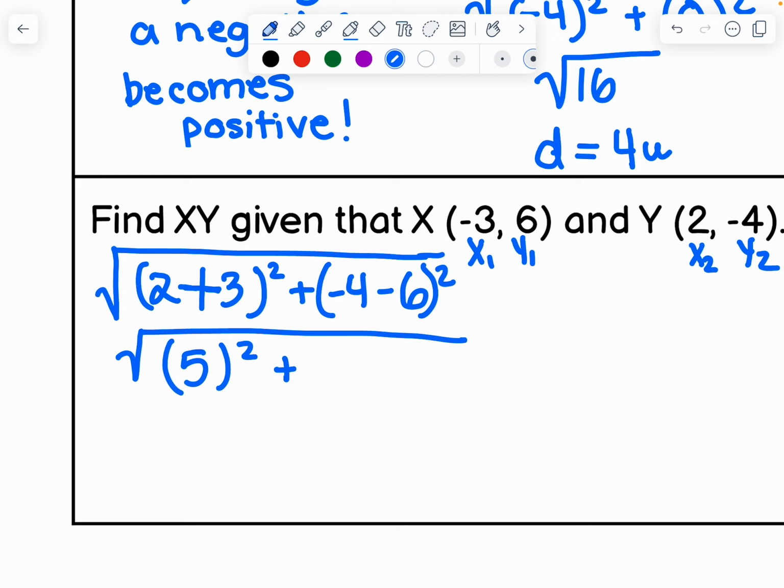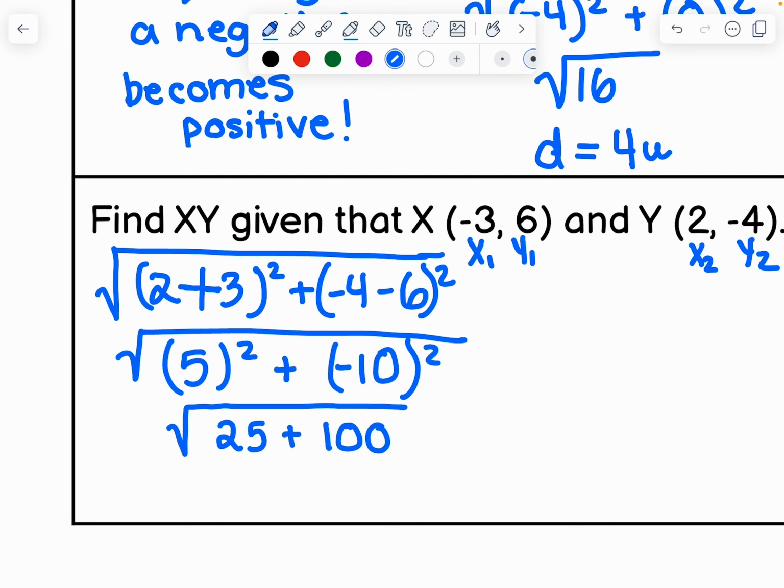And -4 minus 6 is -10. 5 squared is 5 times 5, which is 25. And -10 times -10 is positive 100.